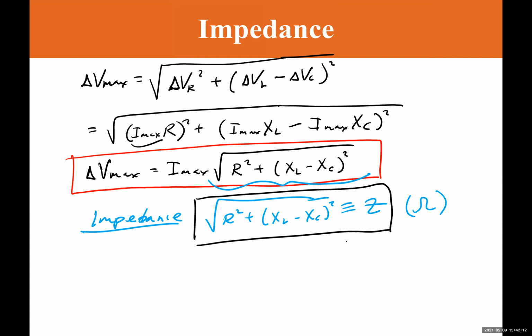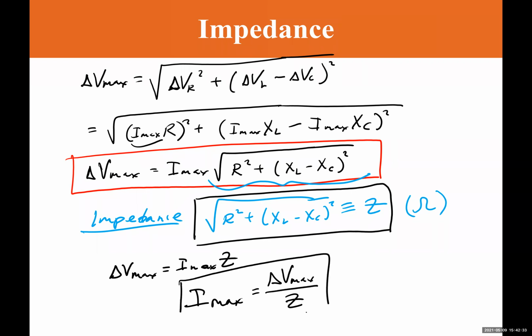All right, so then I can rewrite this equation as delta V max equals I max times the impedance, or rewrite this in terms of the maximum current, which will be delta V max divided by the impedance. Okay, so that's the equivalent of Ohm's law for AC circuits.